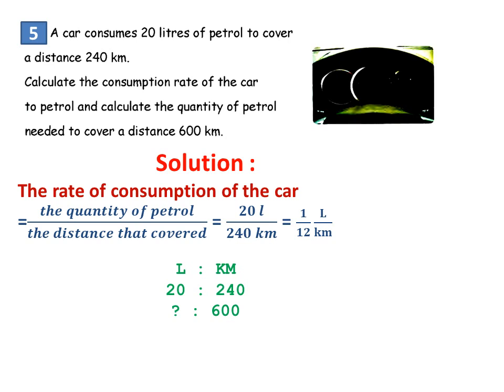By using cross multiplication, the quantity of petrol equals 20 times 600 divided by 240, which equals 50 liters. So the car uses 20 liters to cover a distance of 240 and 50 liters to cover 600 kilometers.